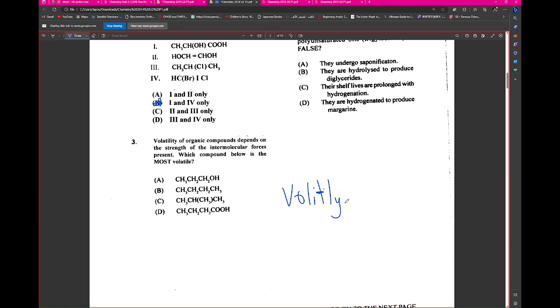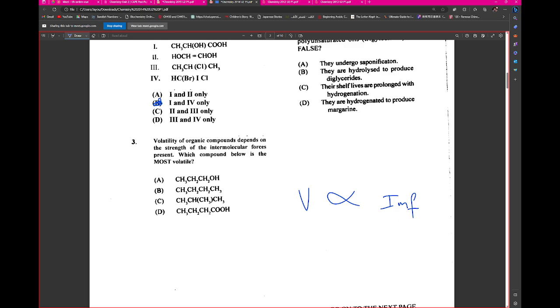Okay, alright, so let's just use volatility as V, right? So volatility, we're saying that it has a relationship with intermolecular forces, with IMFs. What type of relationship do we have with IMFs and volatility?